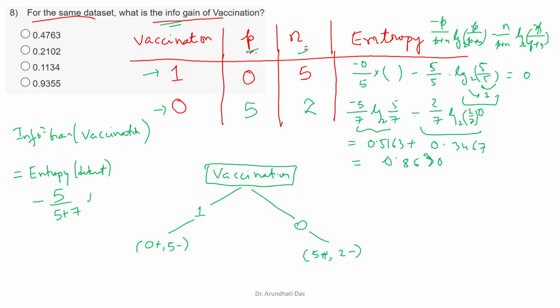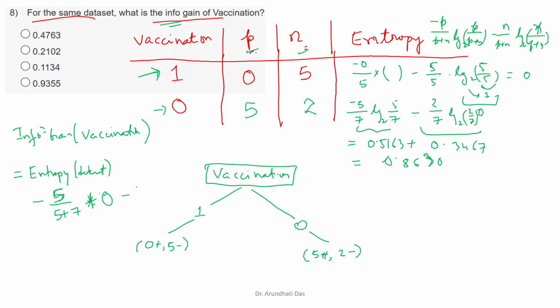Then I write the entropy I just calculated for this value, which is 0, multiplied by 5 upon the total number of data points.